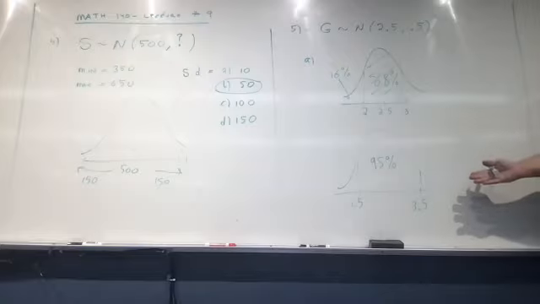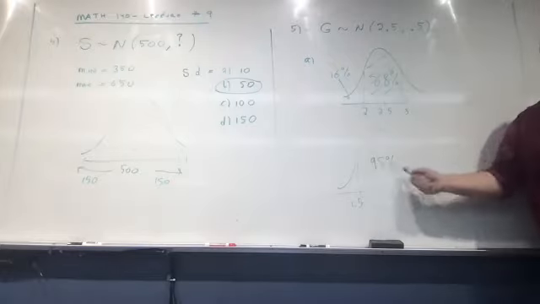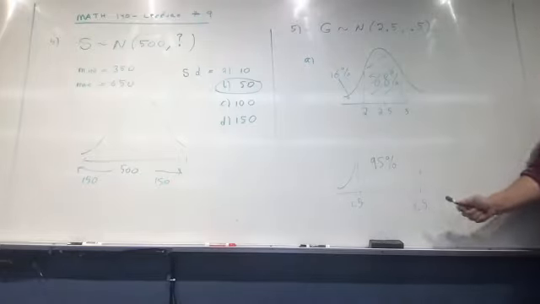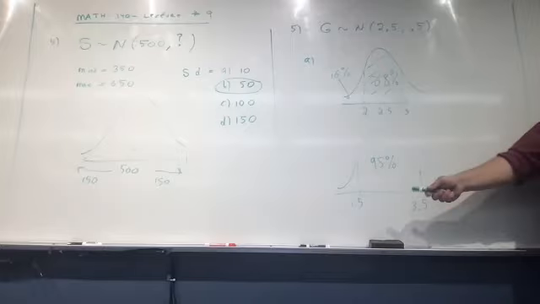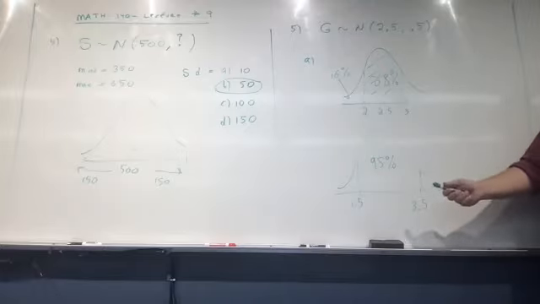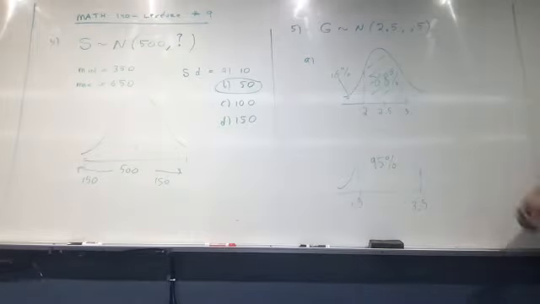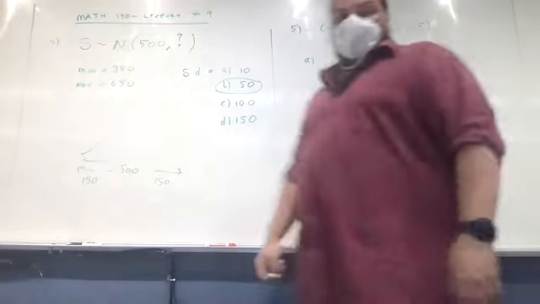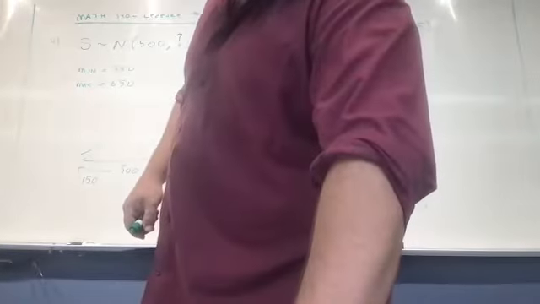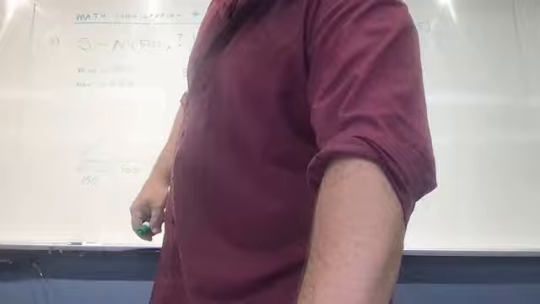Again, right here. 95% is from 1.5 to 3.5 symmetrically, leaving how much outside of this 95%? 5%, half of which is on this side, those are the ones who fail out, and half of it on this side, those are the ones who make the dean's list, 2.5%. No calculator required, as long as you know the 68, 95, 99.7 rule.